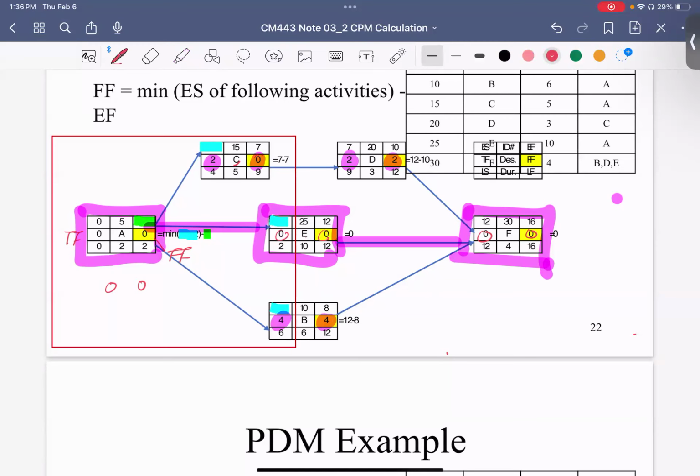Remember, I told you before, your free float is less than or equal to your total float for each activity. You can check here: 2 is equal to 2, 0 is equal to 0, and 4 is equal to 4. So this is always true, okay?